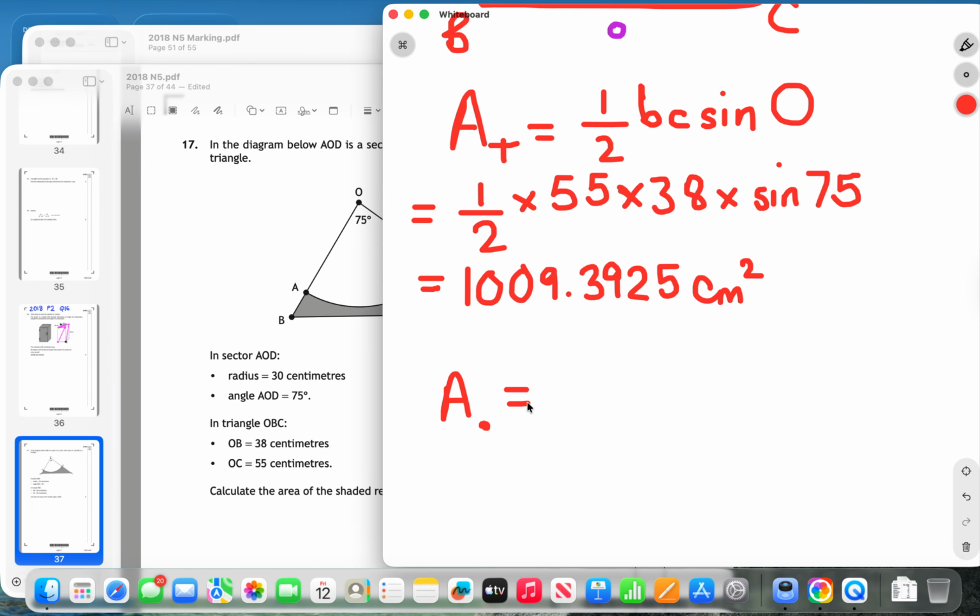So the way to do this is to find the area of a circle and then multiply this by the angle divided by 360. And it's the angle at the centre. So 75.